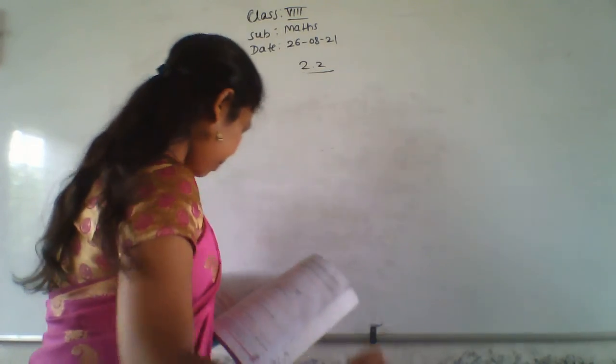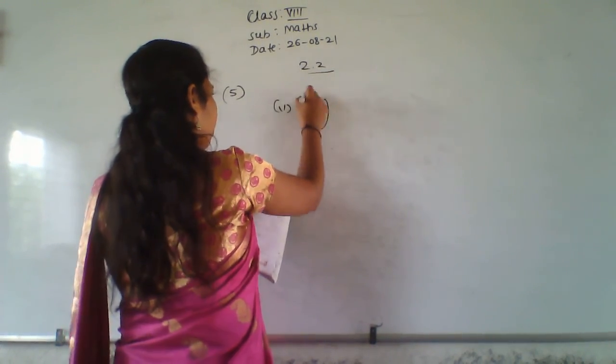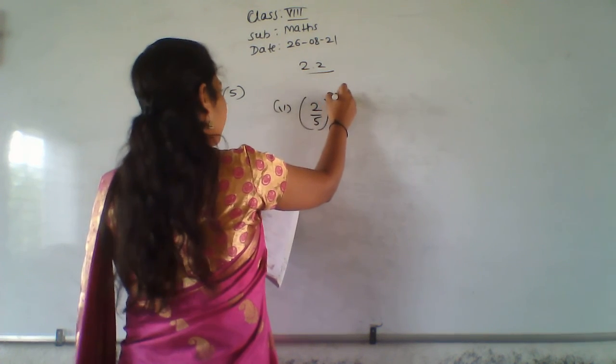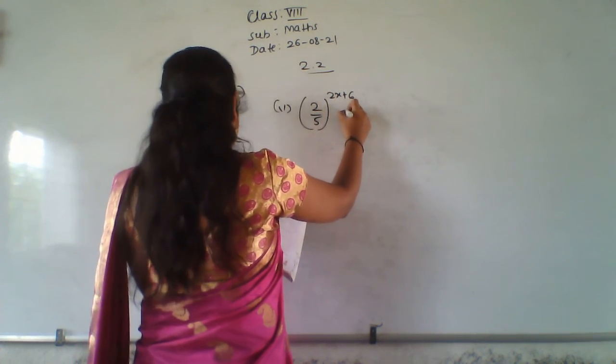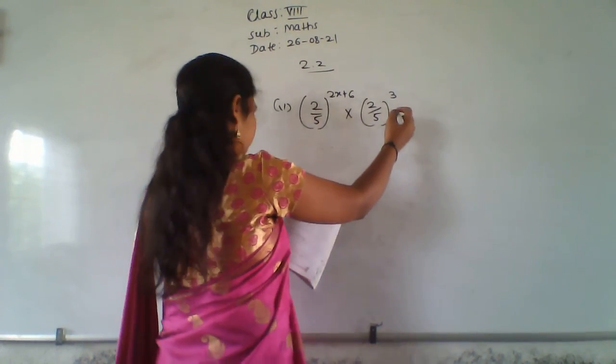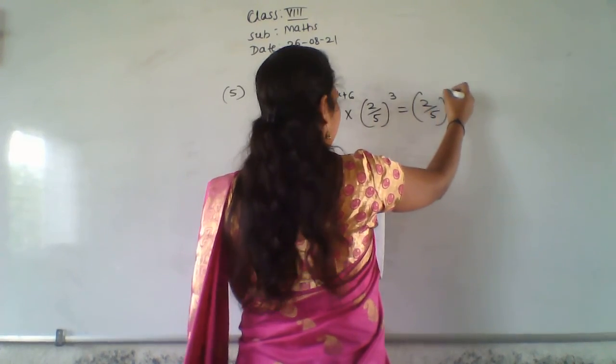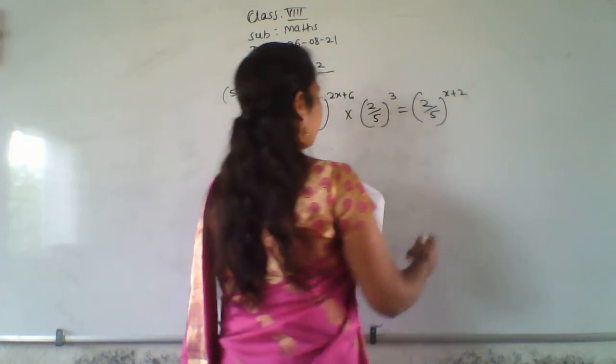Last problem, 5th main. That is (2/5)^(2x) + 6 into (2/5)^3 is equal to (2/5)^(x+2). Okay.